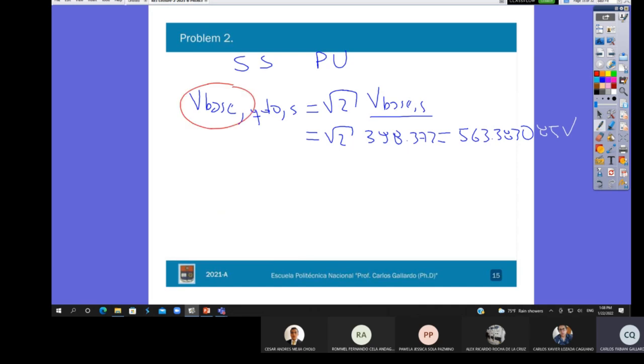So let's compute the per unit values. Let's start with the quadrature axis voltage. By definition, the per unit value is equal to the actual value over the base. This is the base, 563.383085. What is the actual value?